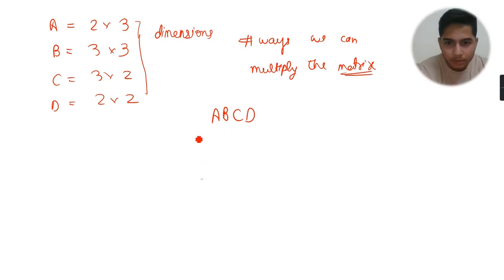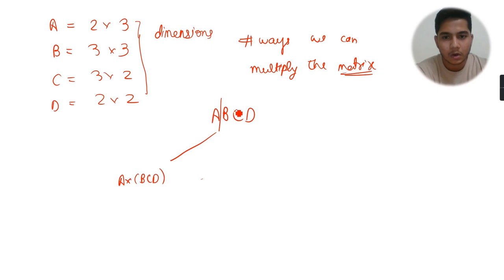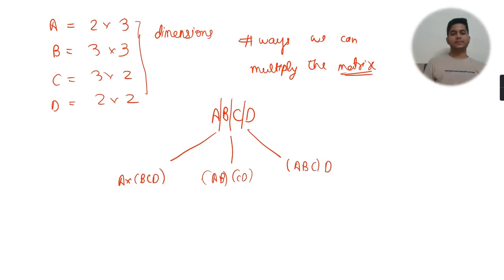So I can cut here and go A into BCD, or I can cut here and go AB into CD, or I can cut here and go ABC into D. So these are the three possible cases which I can go through, right?